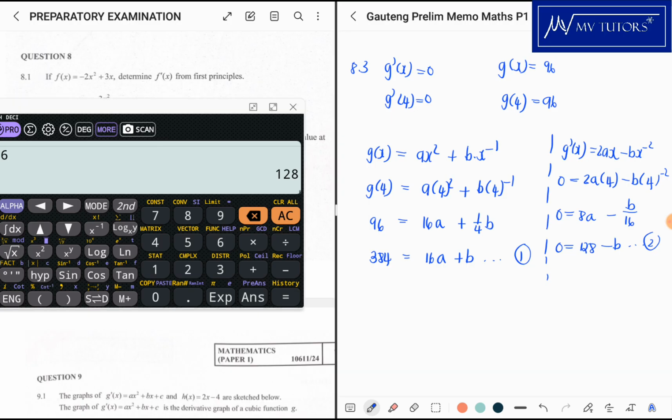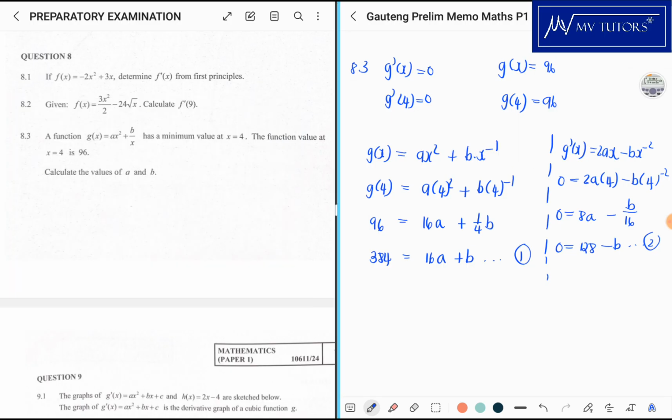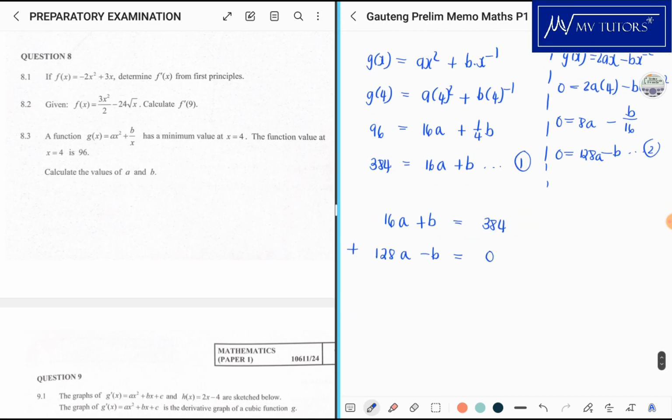Now let us work it out. Equation number 1: 16a plus b is equal to 384. And I'm going to add it with equation number 2, which is, I forgot an a there, 128a minus b is equal to 0. I'm adding the 2.